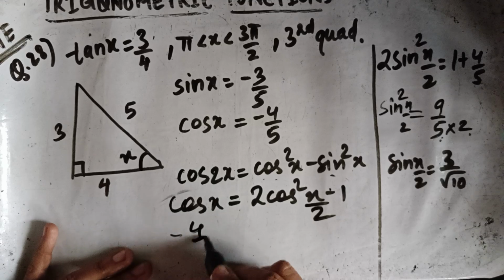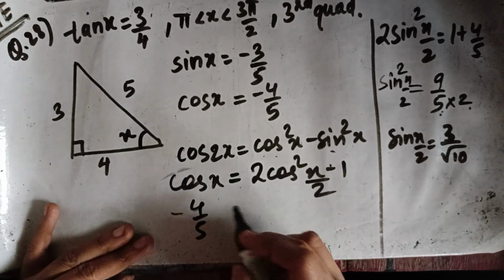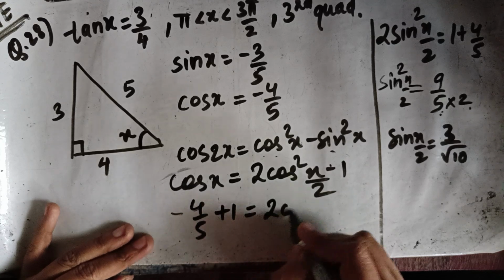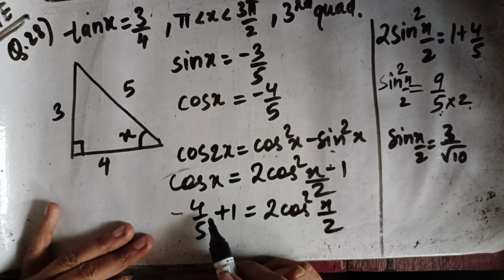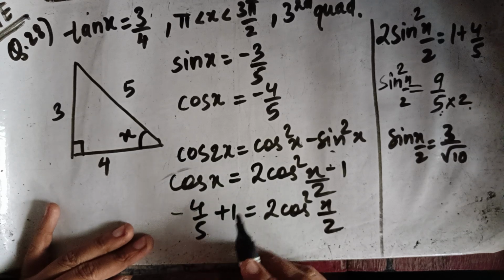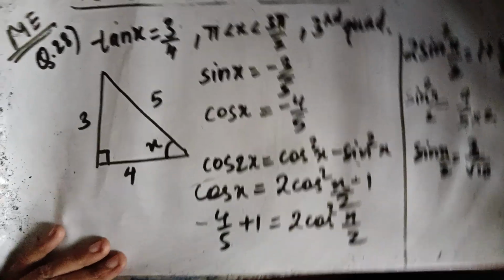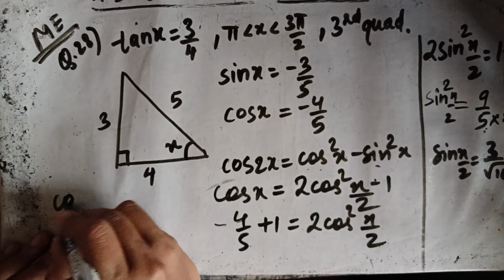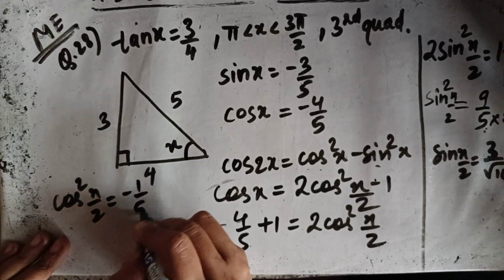So minus 4 by 5 equals 2 cos square x by 2 minus 1. Cross multiplying, minus 4 plus 5 gives 1 by 5, so minus 1 by 5 into 2.